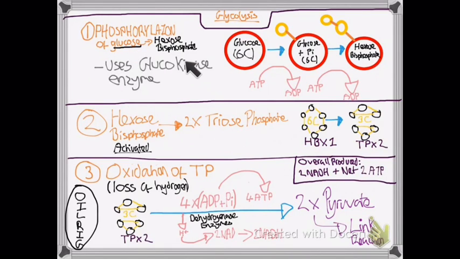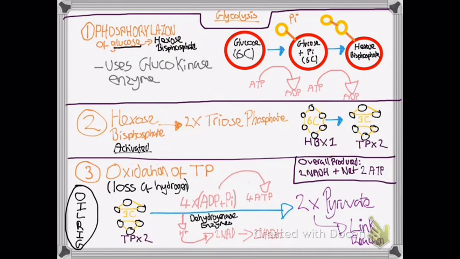What we're doing when we're phosphorylating something is we're adding on phosphate groups. So over here we can see a phosphate group being added on. I'm going to annotate that for you as a phosphate group, so Pi, inorganic phosphate.